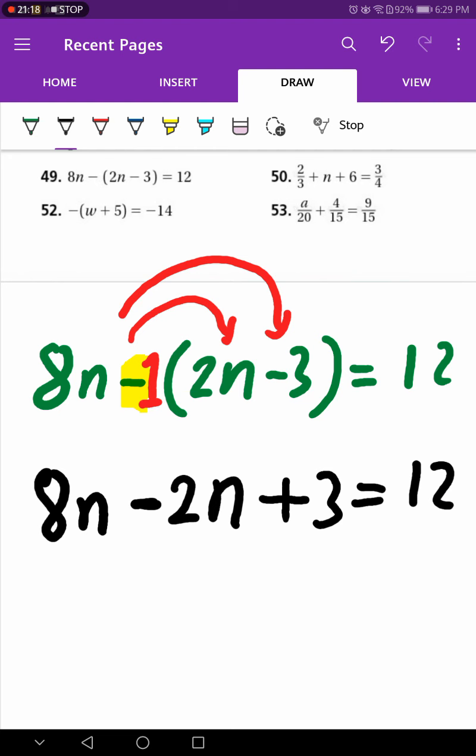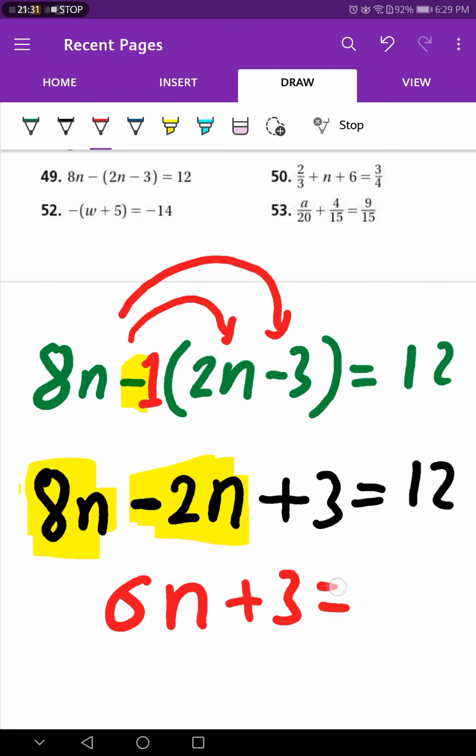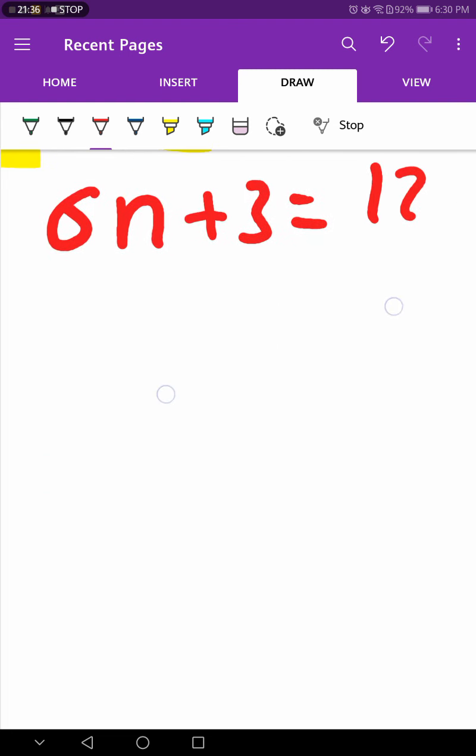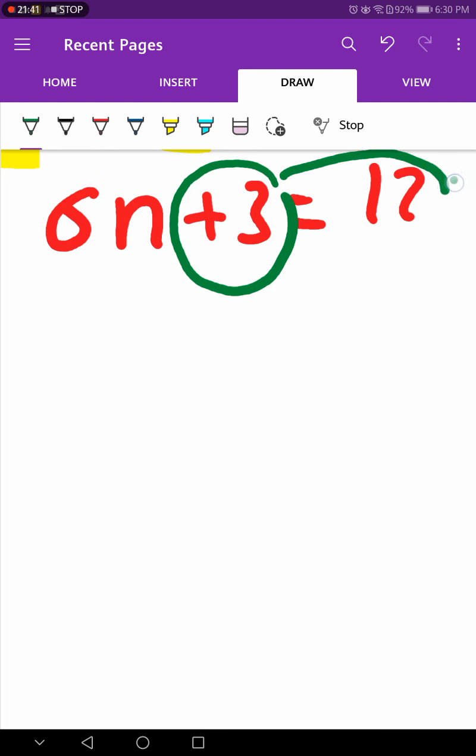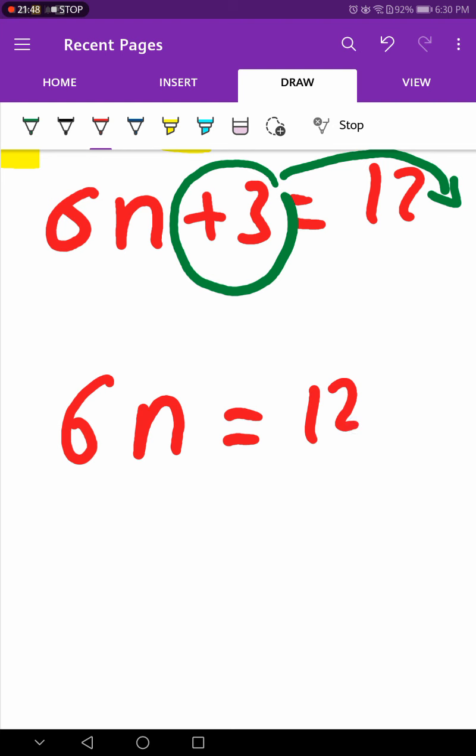Now after I break the parentheses, I have to combine, because I have negative 2n and 8n, and 8 minus 2 equals 6, so 6n plus 3 equals 12. Now it is easy to solve. So 6n equals 12 minus 3, be careful.